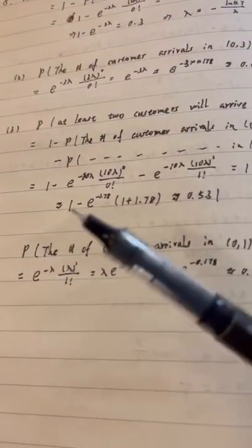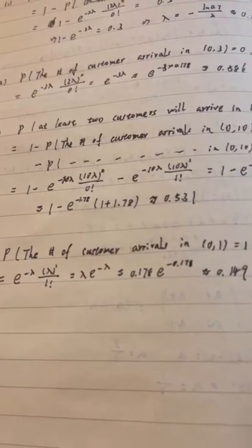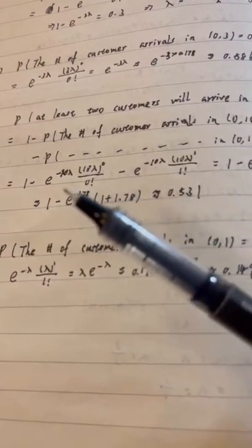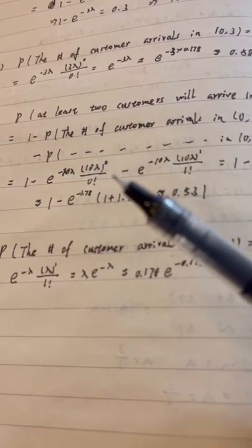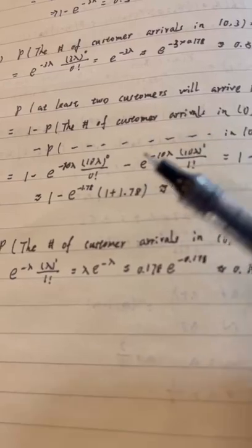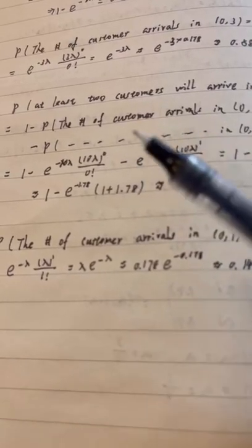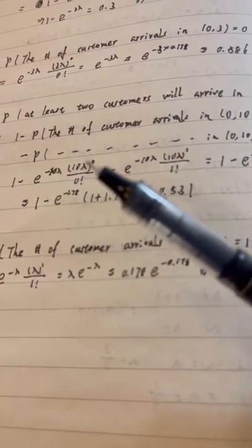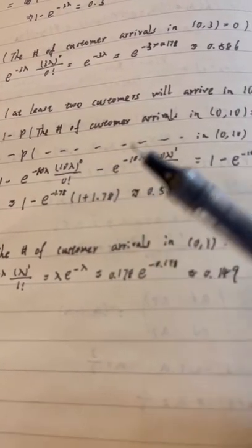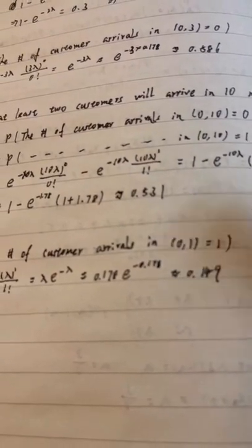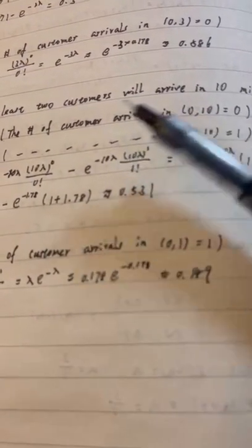So we substitute the Poisson distribution into it. It equals 1 minus e to the power of minus 10 lambda, times 10 lambda to the 0th power divided by the factorial of 0, and we have to subtract the term when k equals 1 and t equals 10.